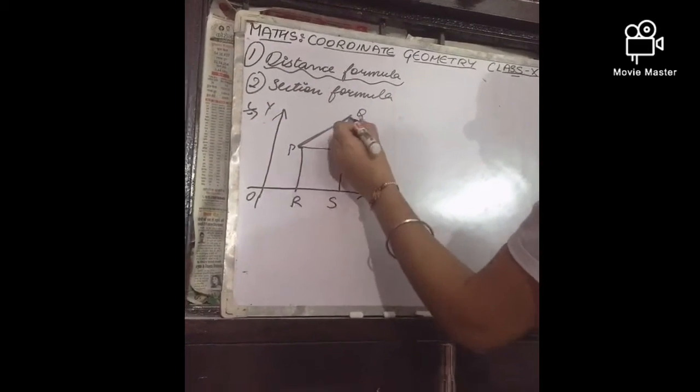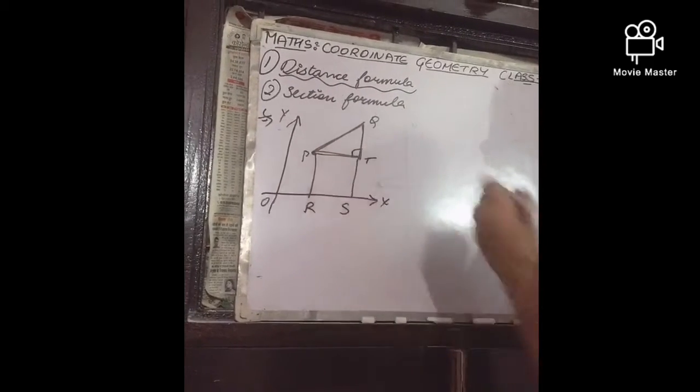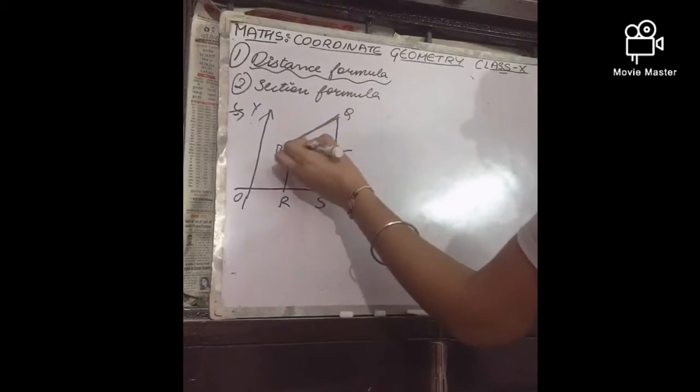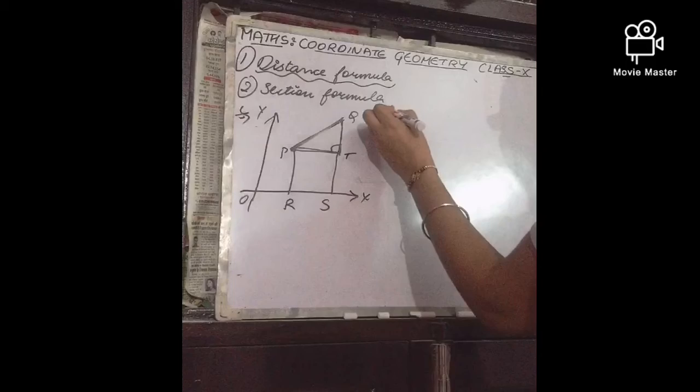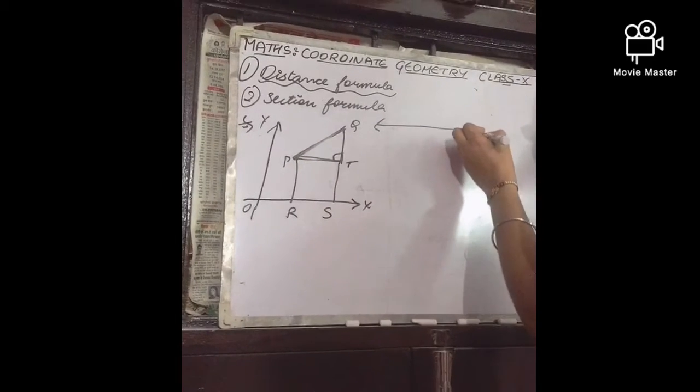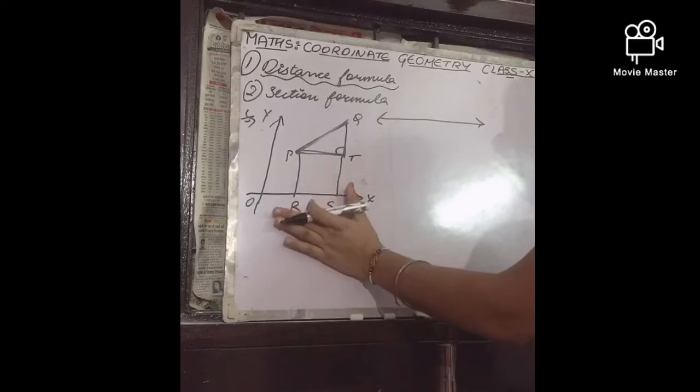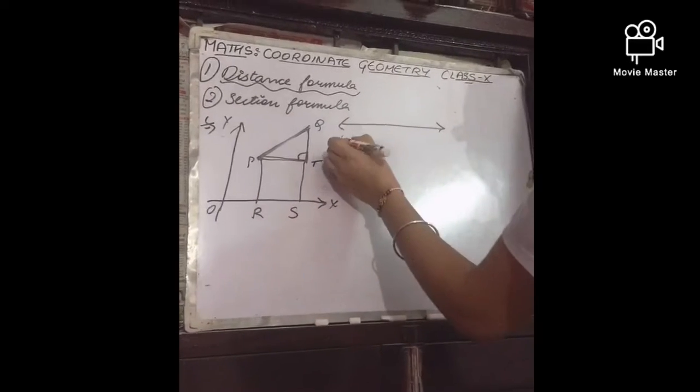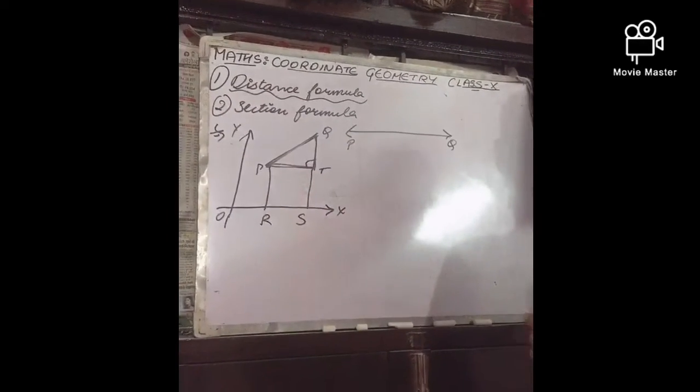This is a right angle triangle, and here PQ I will be taking for my derivation. Nothing else do I need from this diagram, only PQ is needed to derive.